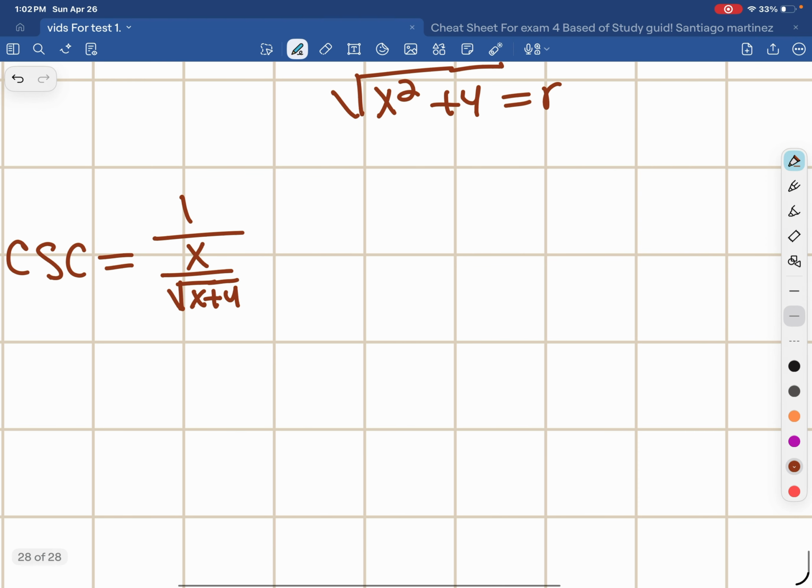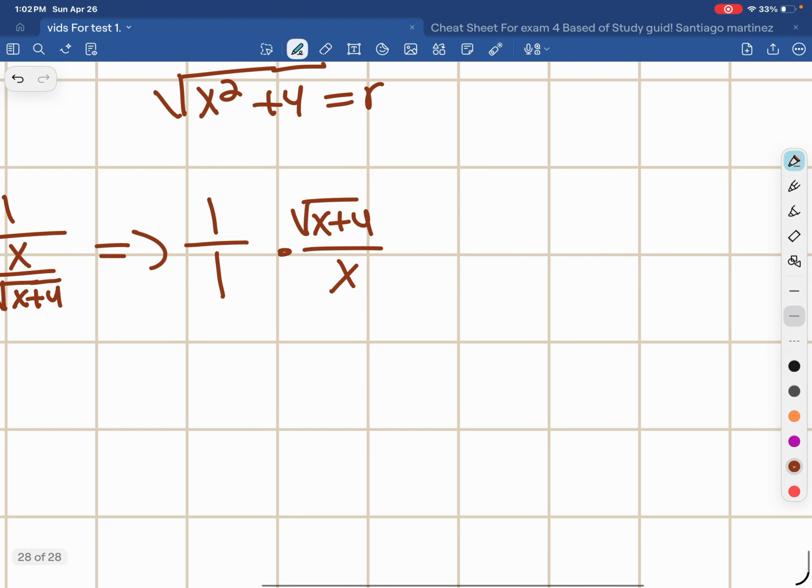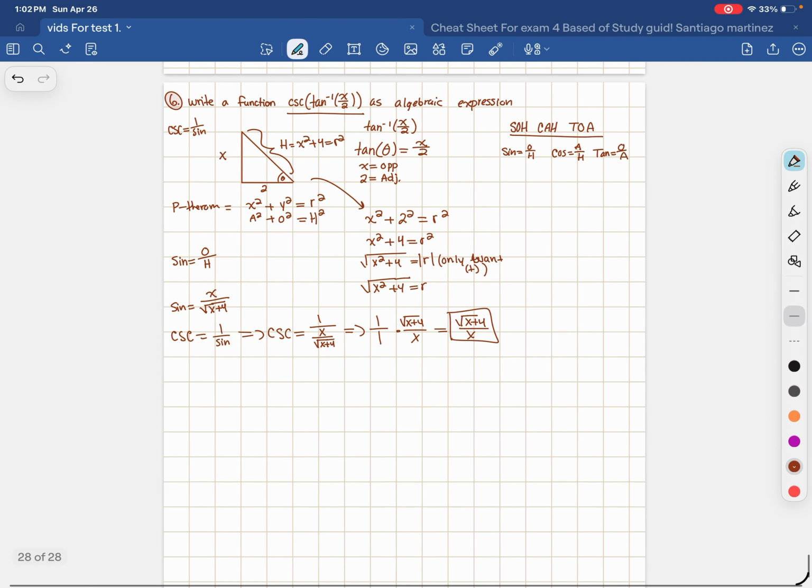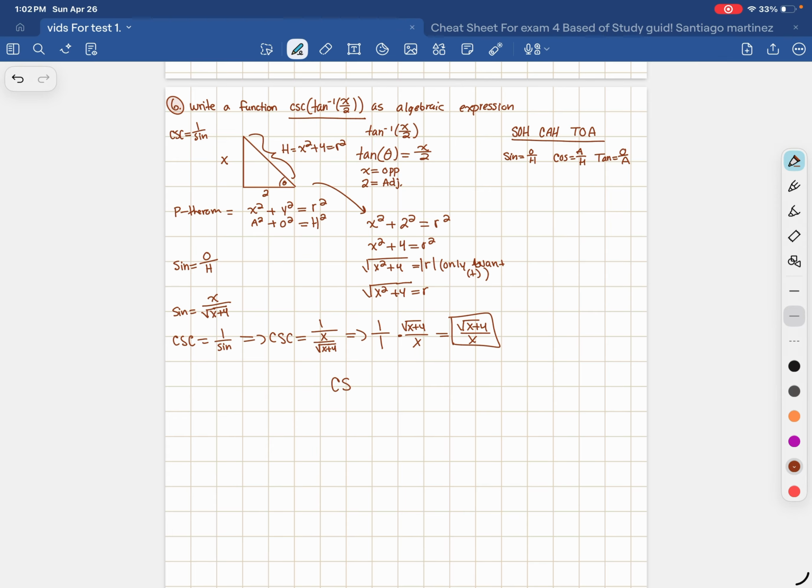Copy, dot, flip: 1 over 1 times the root of x squared plus 4 over x. That gives us the root of x squared plus 4 over x as our function. So CSC is equal to the root of x squared plus 4 over x. Make sure you write the entire thing out and carry your root sign all the way. That is our answer.